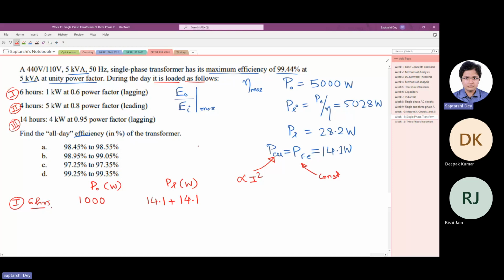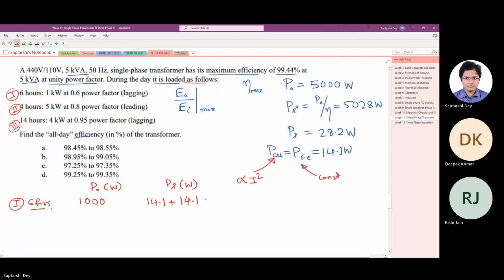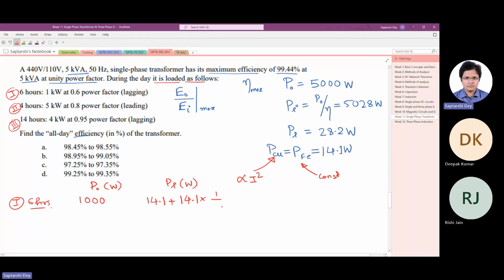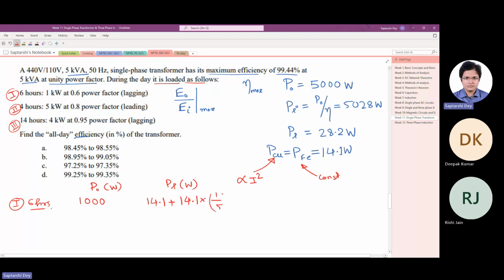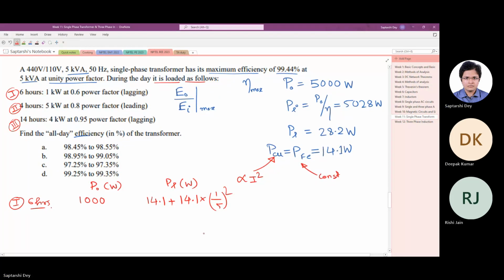Now, if the load becomes 1 kilowatt, the current becomes 1/5. It's 1 kilowatt by 5 kilowatt, times this squared. Similarly for sector 2, tell me if you don't understand this.